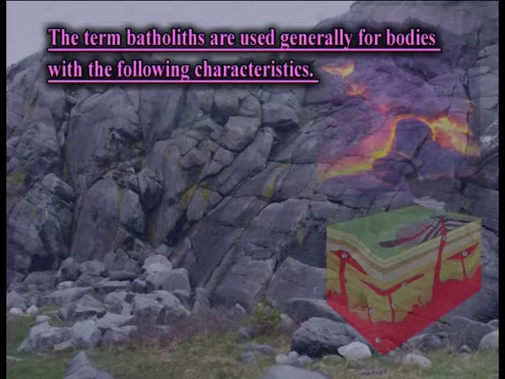Batholiths. The term batholith literally means deep rock, originally based on the assumption that coarse grained igneous rocks, in contrast to volcanic rocks, dikes, sills and other small bodies, congealed at relatively great depths. The term batholith is used generally for bodies with the following characteristics.